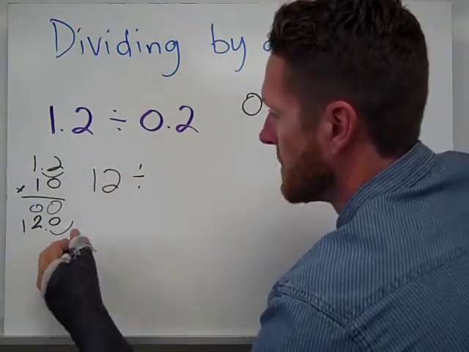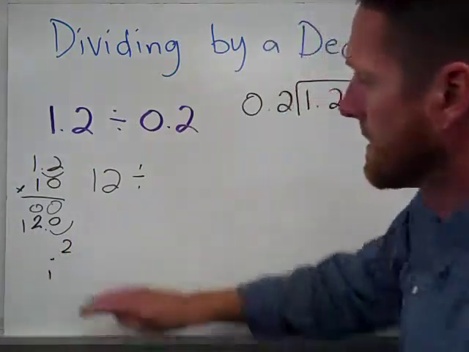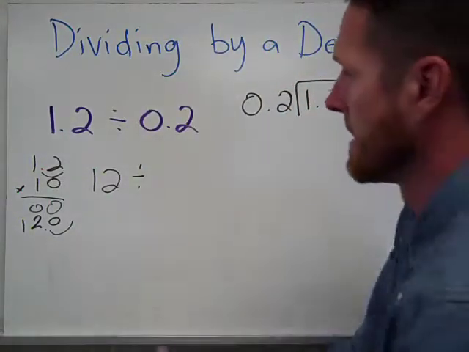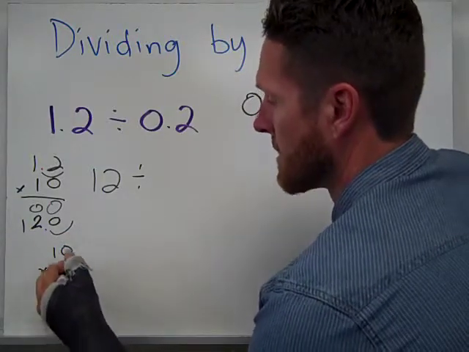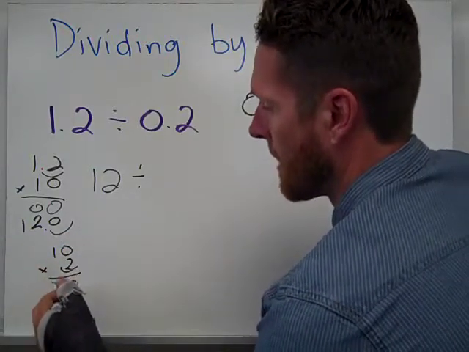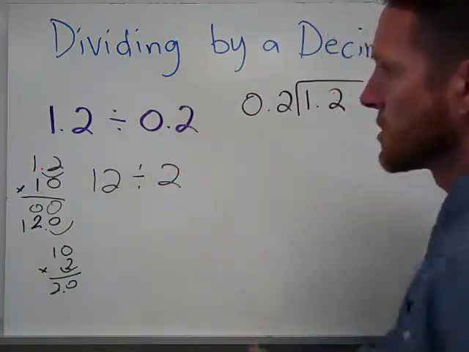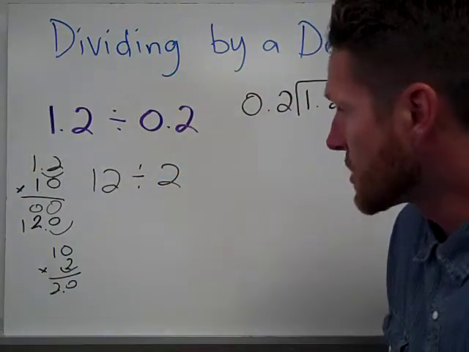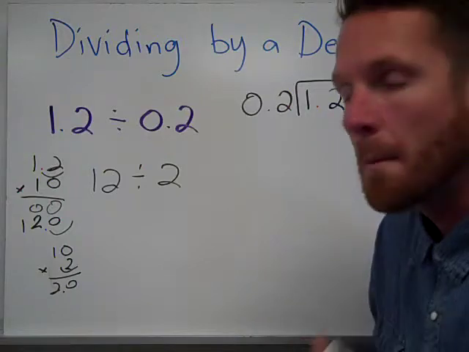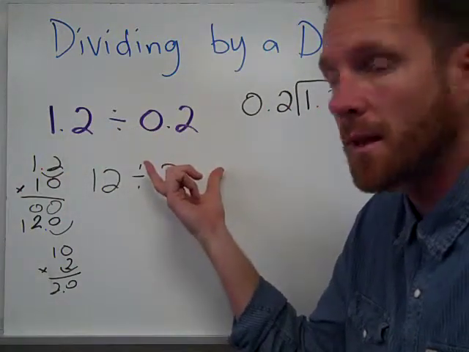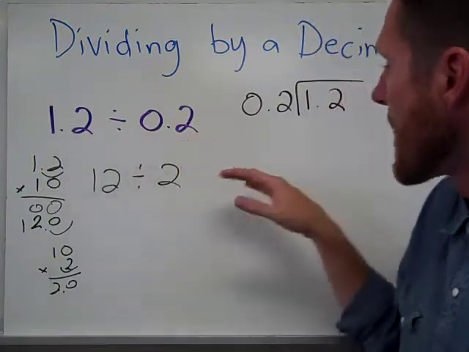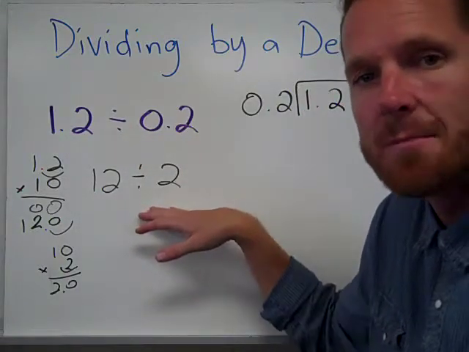And 0.2 multiplied by 10 becomes 2. So really what we're looking at here is 12 divided by 2, because we're multiplying these two numbers by 10 to move the decimal point over so that we get whole numbers that we can divide by.